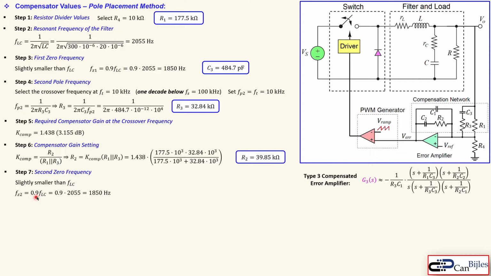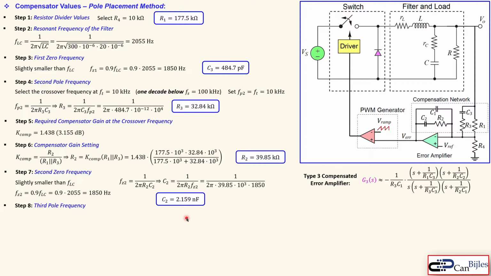Again, 0.9 times the 2055, so again 1850 Hertz. But now we will use this formula and calculate the C2 using the R2 and the second zero frequency. That will give you now the capacitor C2, which is then 2.159 nanofarads.